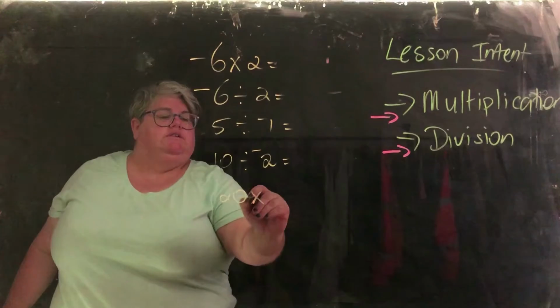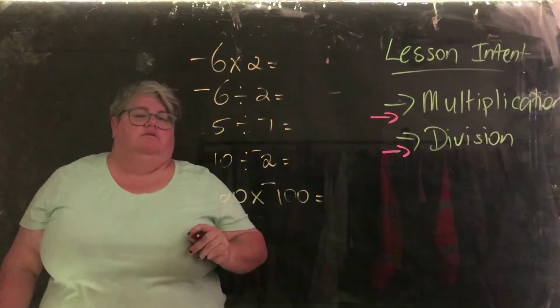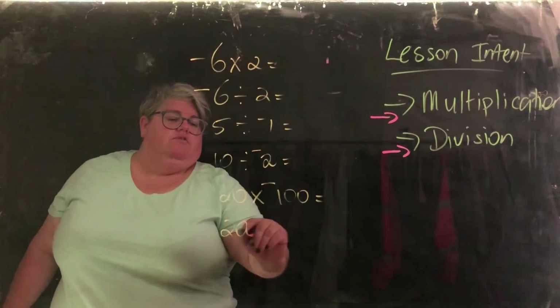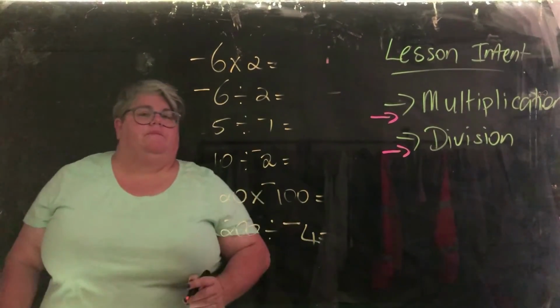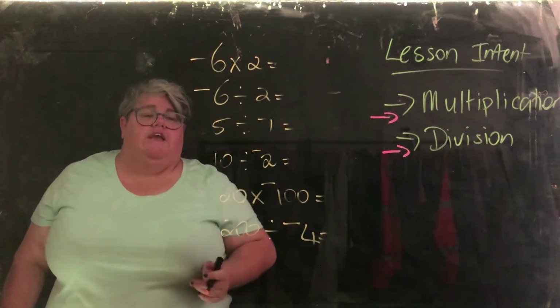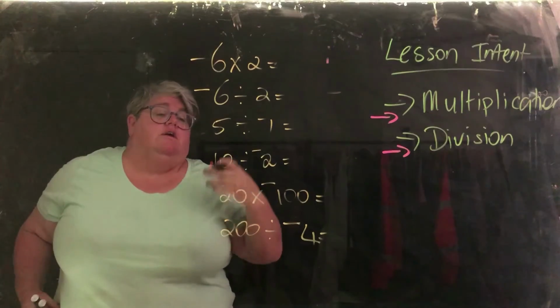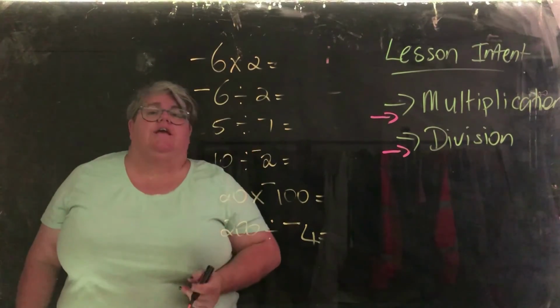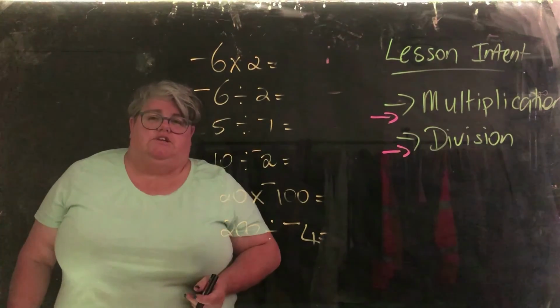We have 20 multiplied by negative 100, and 200 divided by negative 4. So put those in your calculator if you need to. Some of you, that's fine too. If you can work it out mentally, even better. All right, get those answers in and let's have a discussion in class.